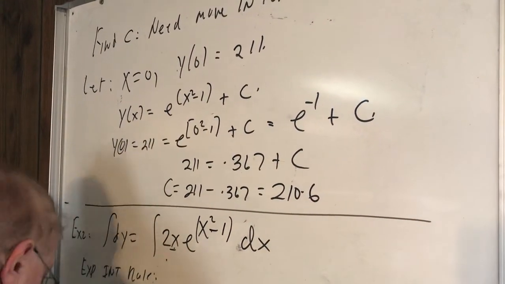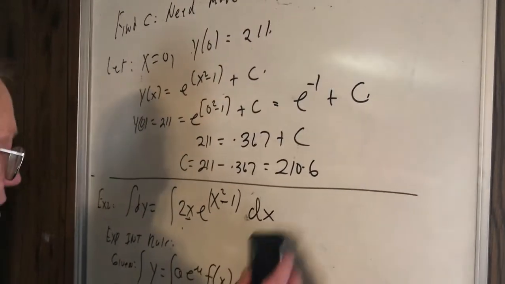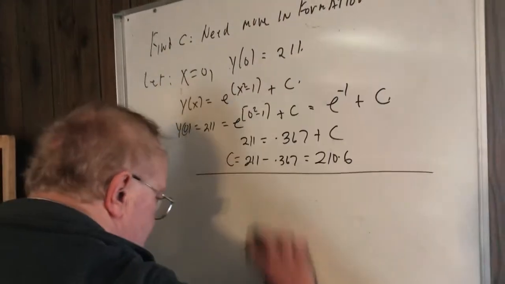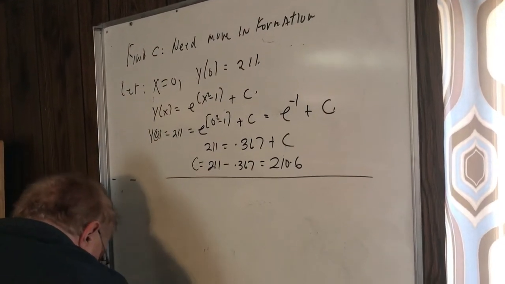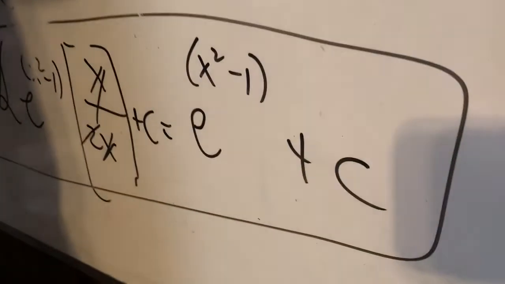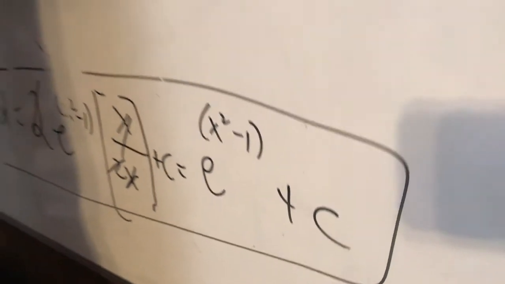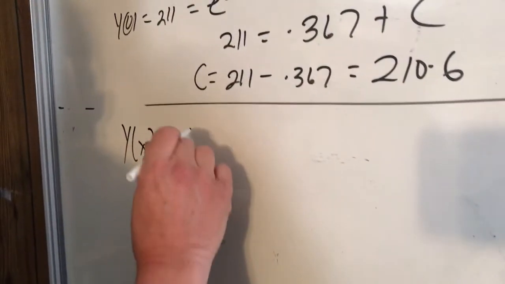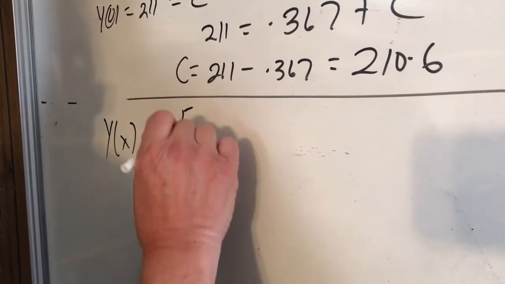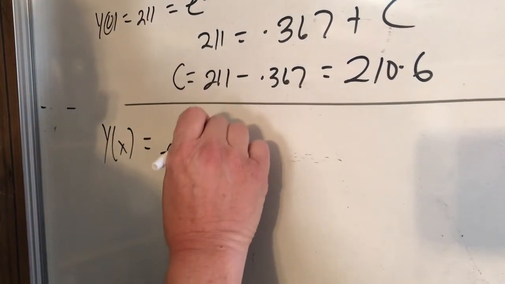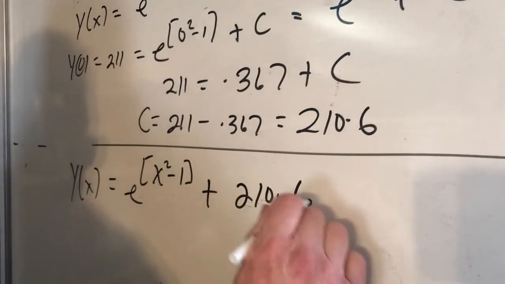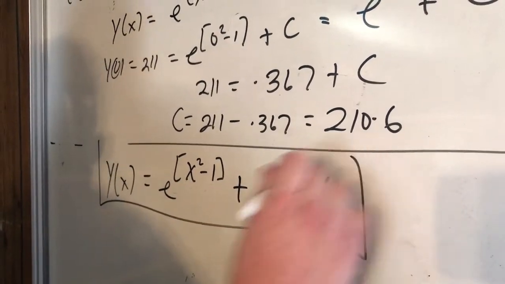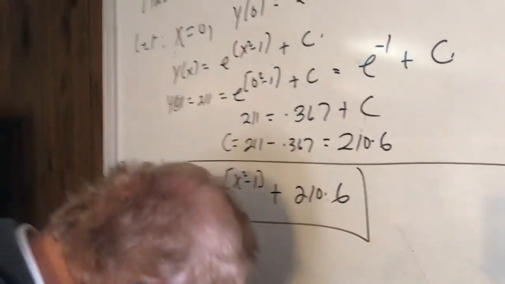All right, so once we have c, we can now develop the whole function. And y of x will then equal e raised to the x squared minus 1 plus 210.6, and voila, there's your answer.